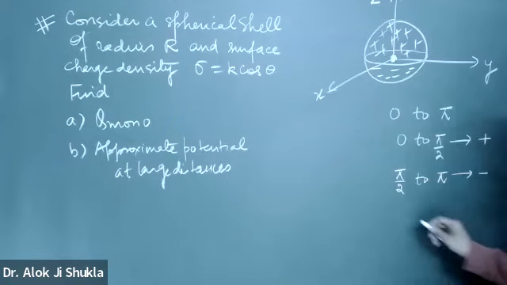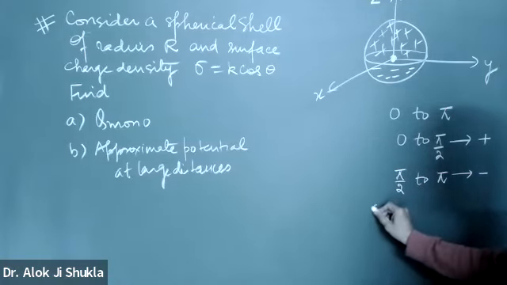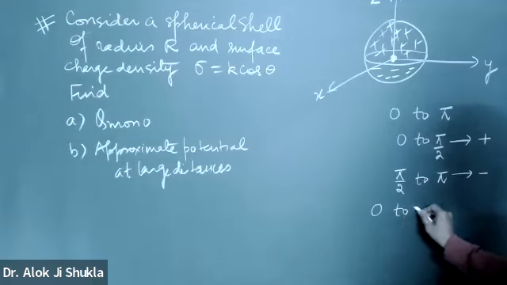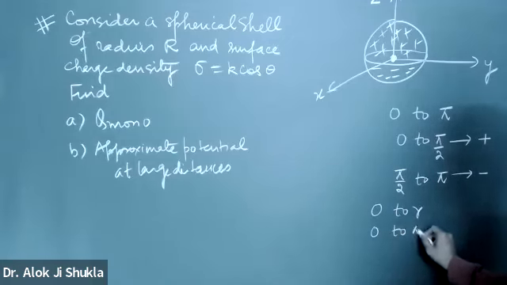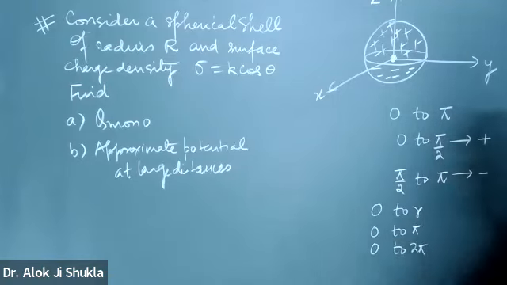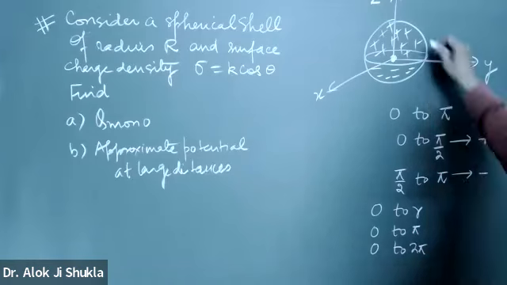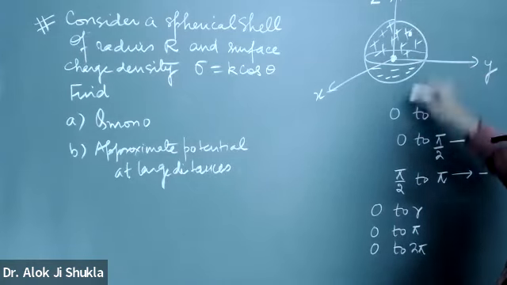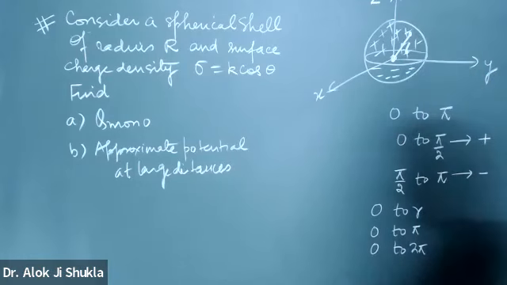So what is the limit in spherical polar coordinate? Spherical polar coordinate में 0 to r, 0 to pi and 0 to 2 pi. Correct? Yes. तो जैसे जब तुम कोई पॉइंट लेते हो, so this point is at distance small r. Yes sir.